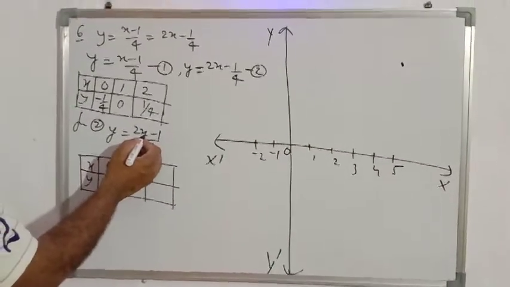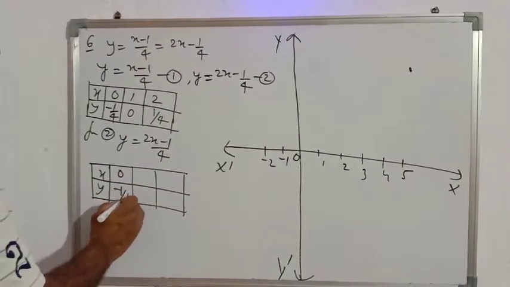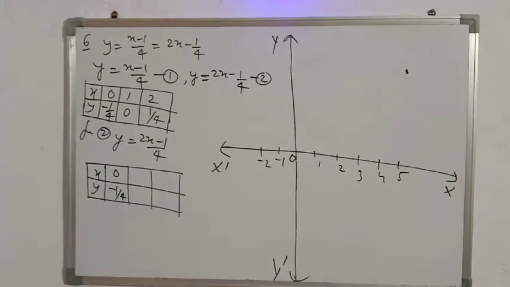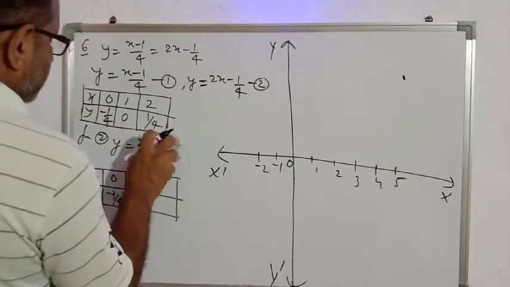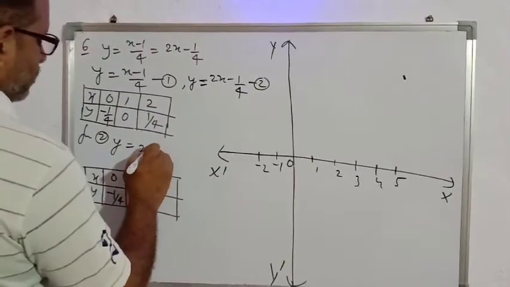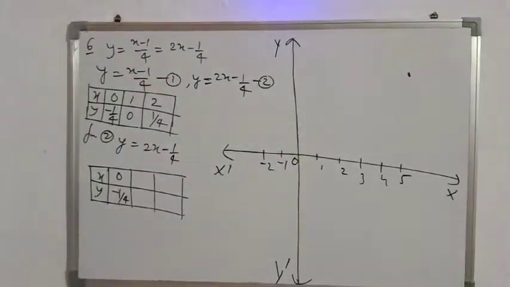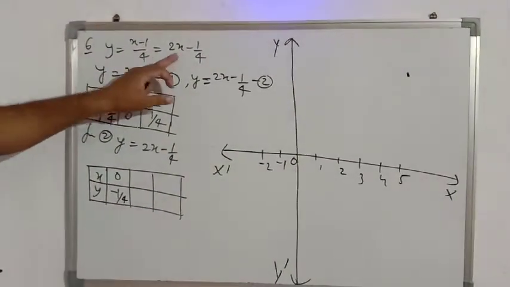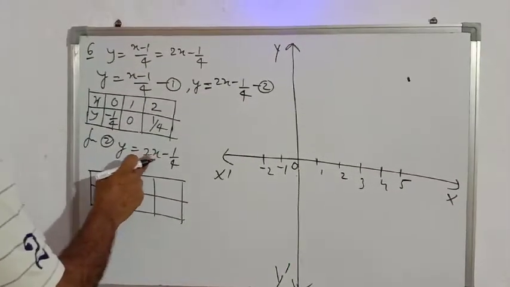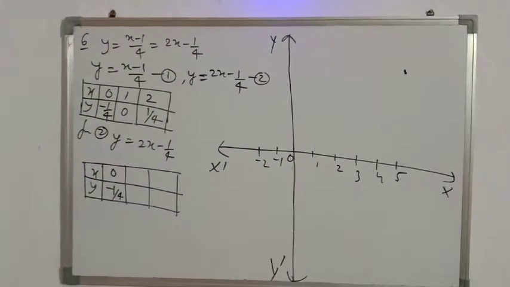So 2 into 0, 0, 0 minus 1, minus 1 upon 4. Second equation is y is equal to (2x minus 1) by 4. So if x is 0, 2 into 0, 0, minus 1 by 4.